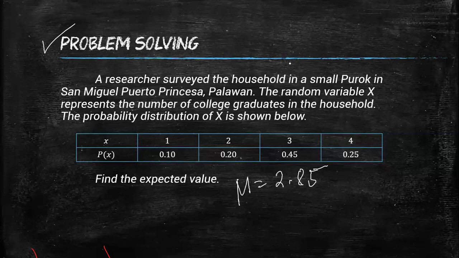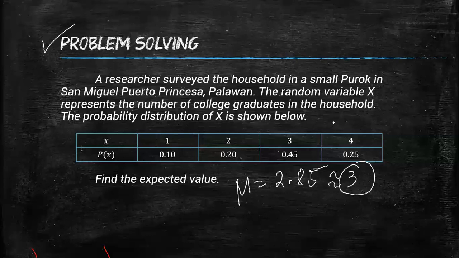The mean of the college graduates per household is 2.85. Ngayon, sir, wala namang tao na 2.85. E di approximately 3. So the mean of the college graduates in a household in a small purok in barangay San Miguel, Puerto Princesa is approximately 3. Ganon siya. Nakuha po?